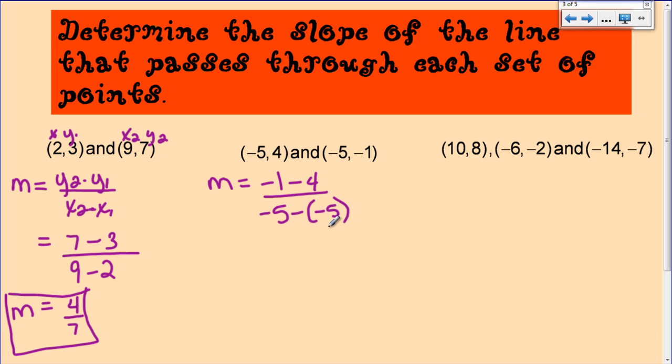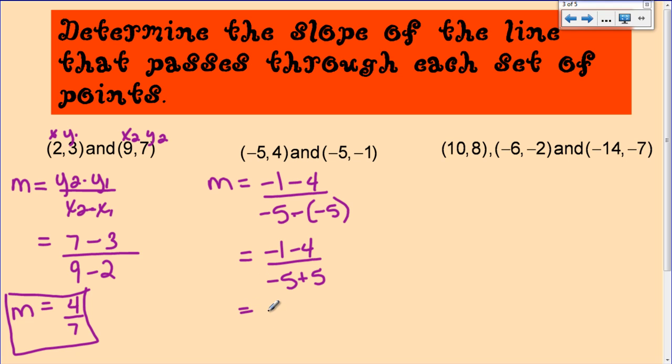You have to write them both. Now you know how I feel about double signs, so I would change it to -1 minus 4 over -5 plus 5, because a negative and a negative makes a plus. You don't have to. You can use your calculator, type it in like I wrote it, but please write both of them down, the minus and the negative, because if you don't, you're going to get the problem wrong.